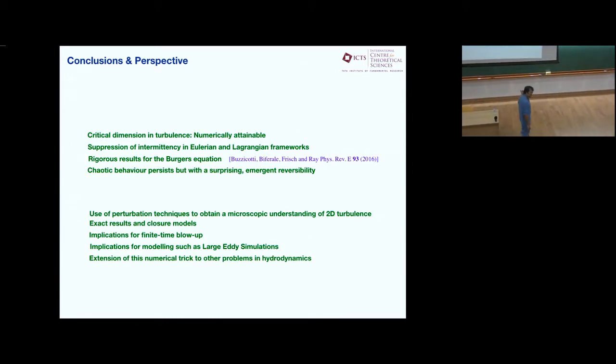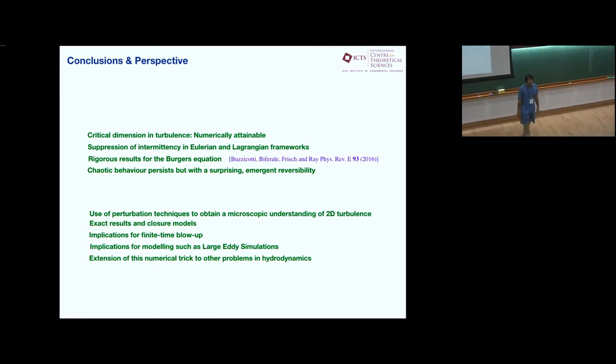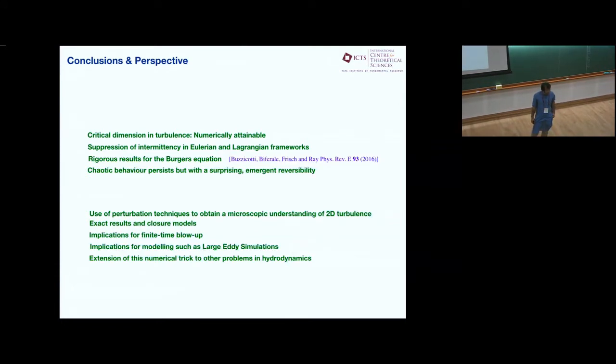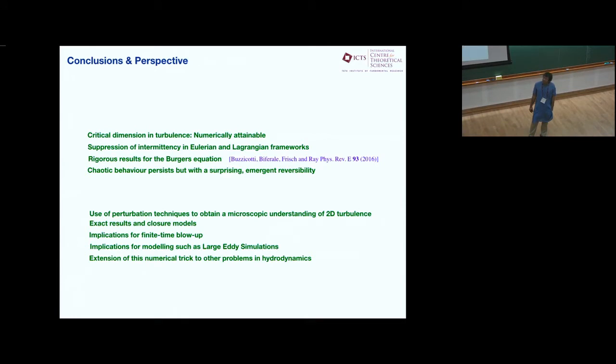I want to force it not in a space-filling way, but in a fractal way. In physical space? In physical space, yes. Like with turbulence? I just looked at Greg and I thought about it.